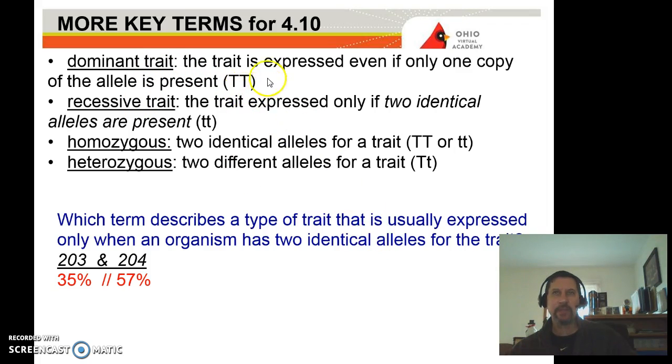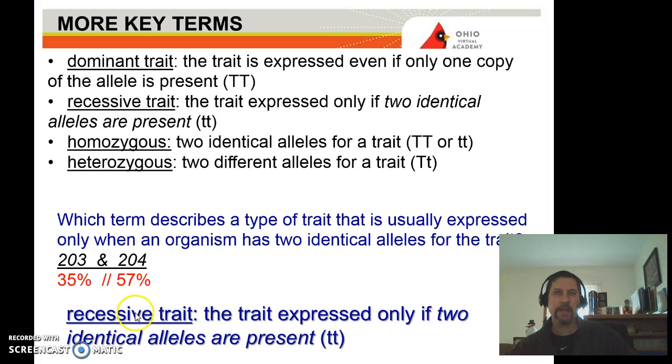But if it has two dominant or one dominant, that trait is going to be expressed. If it has only the two recessive, that's the only time it's going to be shown. So if you look at it, recessive trait, the trait expressed only if two identical alleles are present, that is the answer for this.